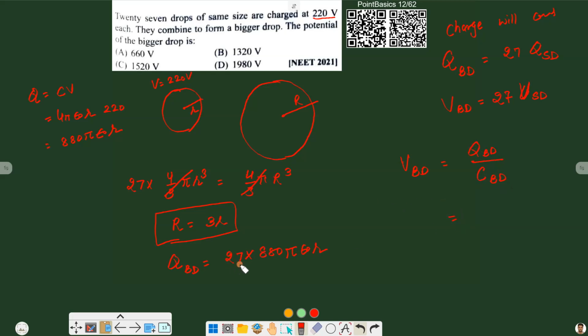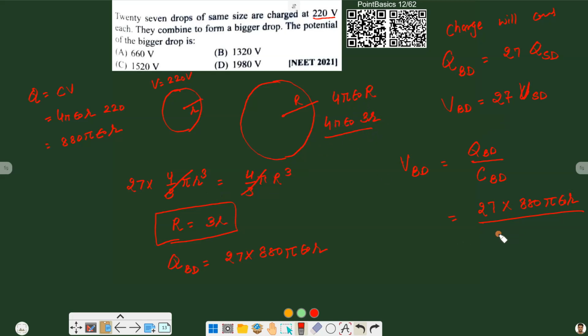The charge of the big drop is 27 times 8 pi epsilon naught small r, and the capacitance of the bigger drop will be 4 pi epsilon naught capital R, and capital R is equal to 3 times small r, so 4 pi epsilon naught into 3r.